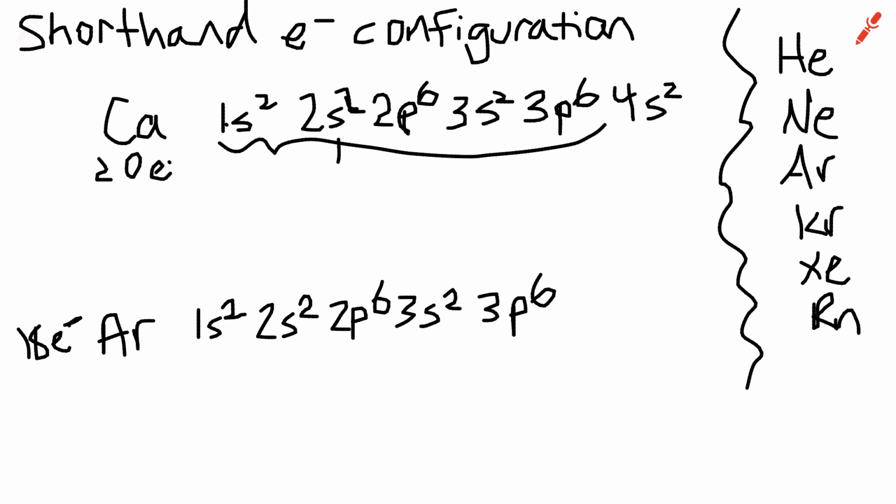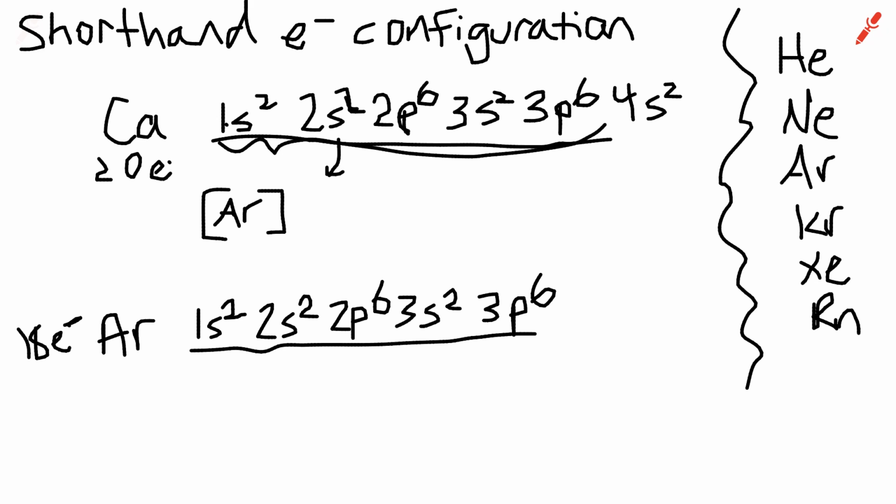So what we do to shorten this up is we write Ar in brackets, not parentheses, because Ar is the noble gas that comes before calcium. And so notice how all that stuff is there.